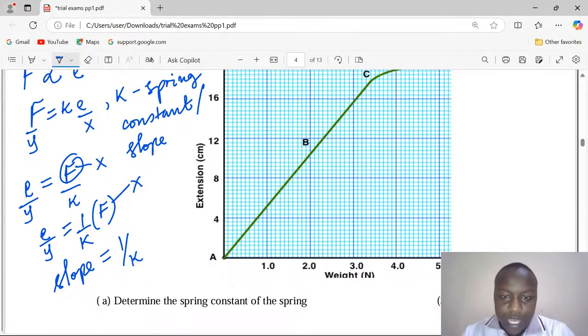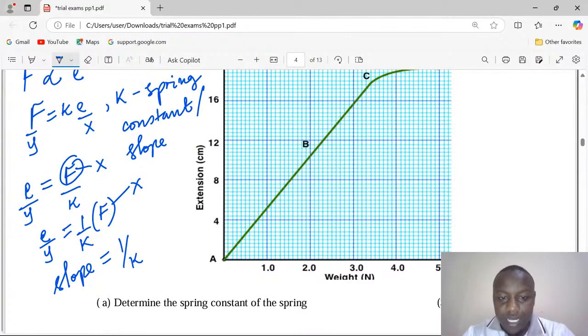Now we are supposed to get 2 points which are lying on the line. So we can get the coordinates here, because we need change in y over change in x.